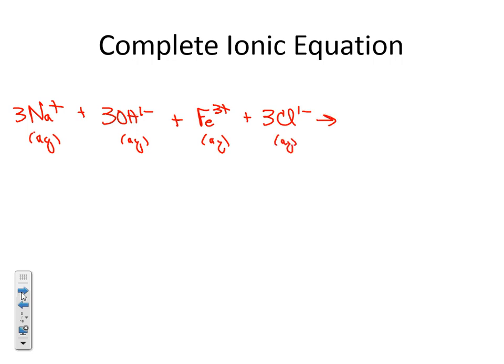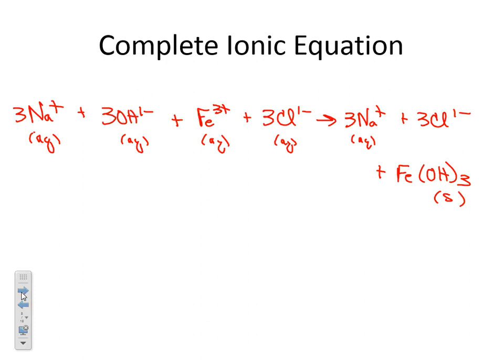On the product side, we have 3 sodium ions and 3 chloride ions, because the sodium chloride is in solution. And you write below, our solid is Fe(OH)3, and you keep that together. So there's your complete ionic.